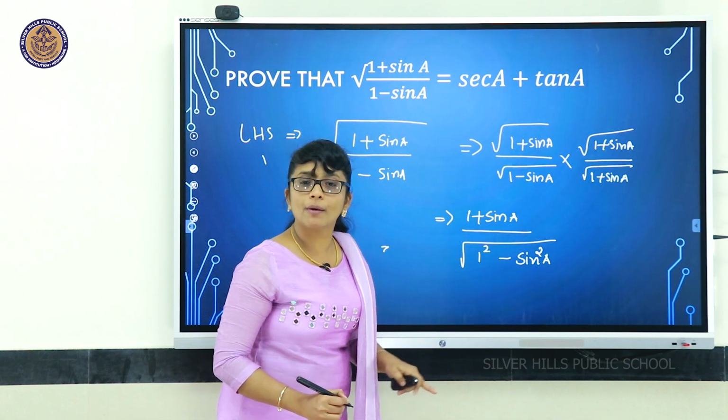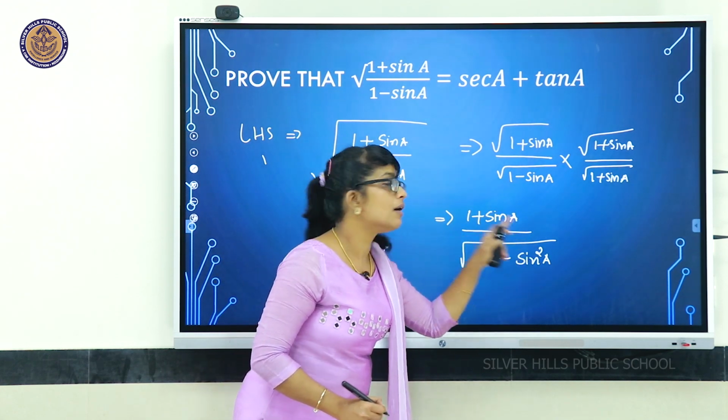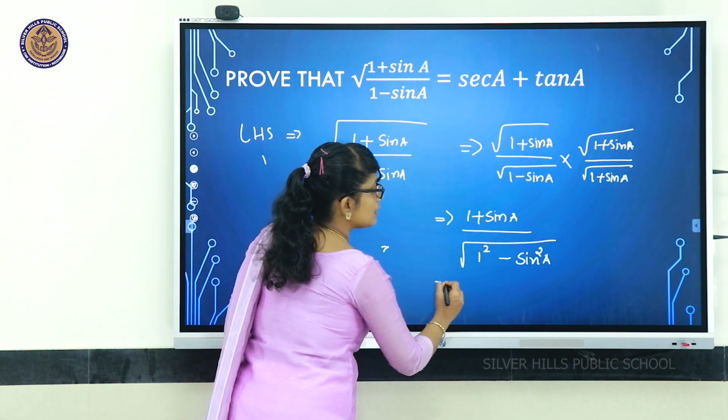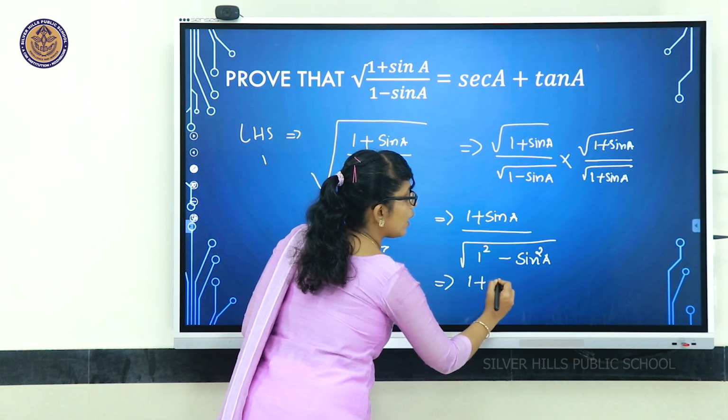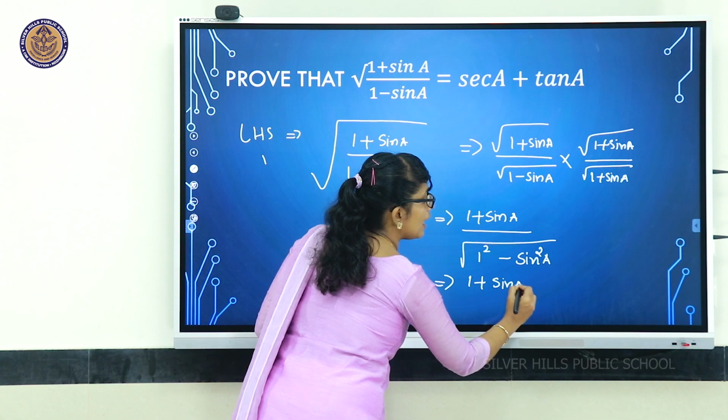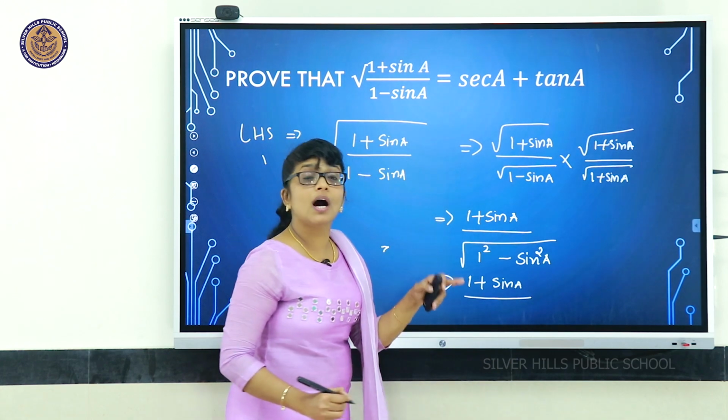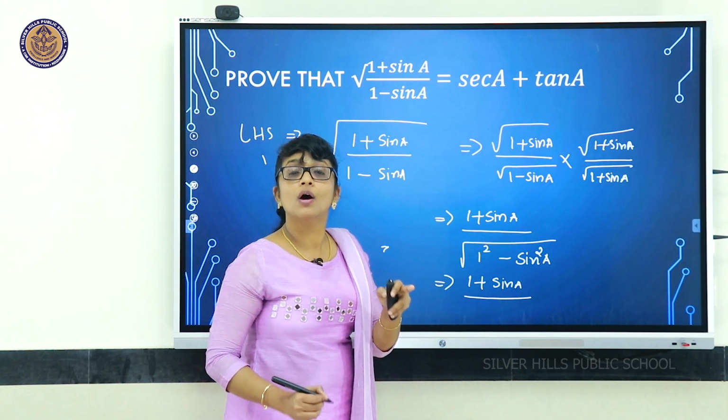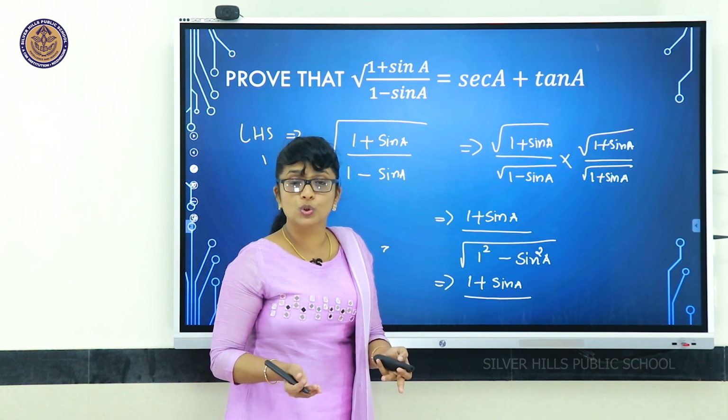A plus B into A minus B is A square minus B square. This is equal to 1 plus sin A divided by root of 1 minus sin square A. 1 minus sin square A is equal to what?